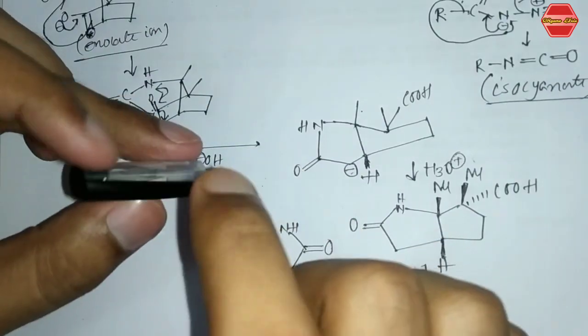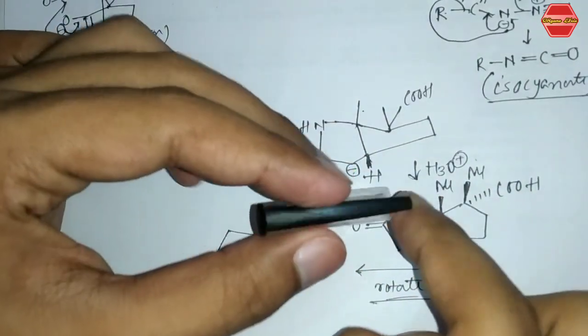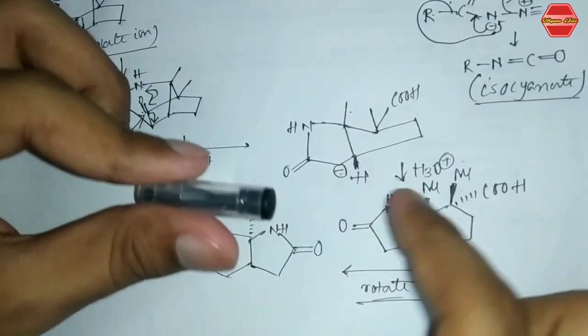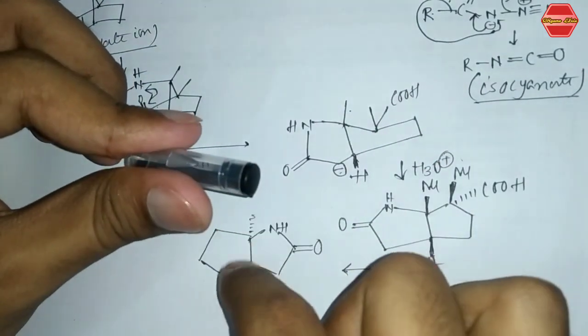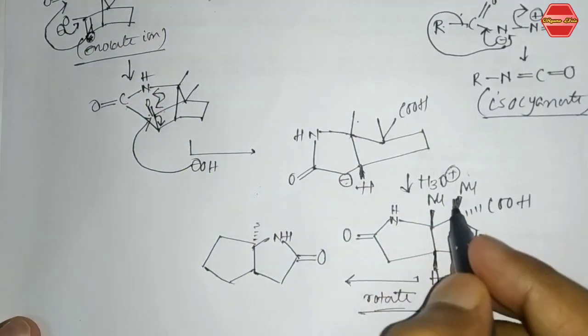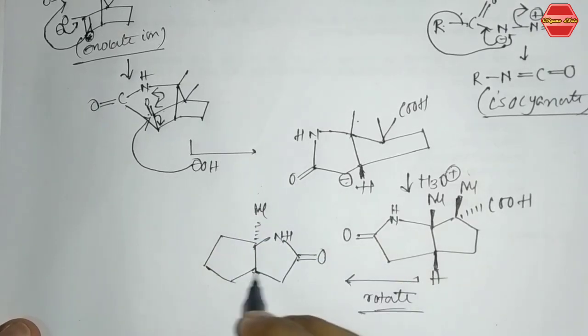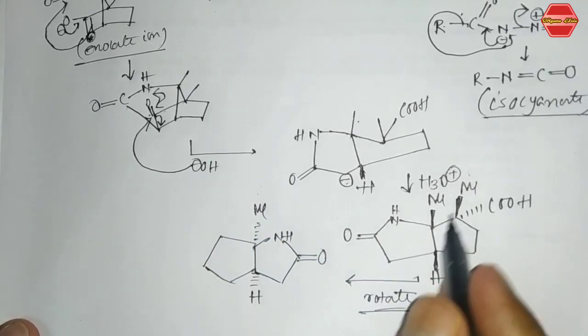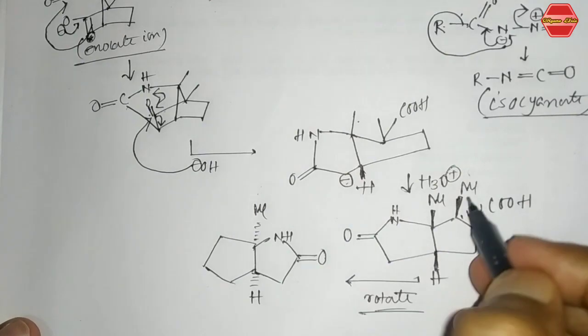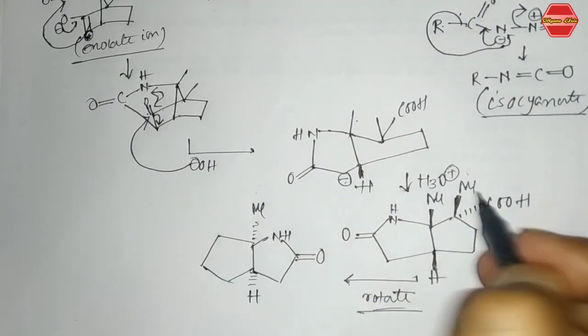As you can see, this methyl group is on your upside like this, and when it flips over here, this junction part is on your backside. So all the stereochemistry of this product will be changed directly. The junction simultaneously changes from the upside to the backside, and the positions of this methyl and COOH also change.